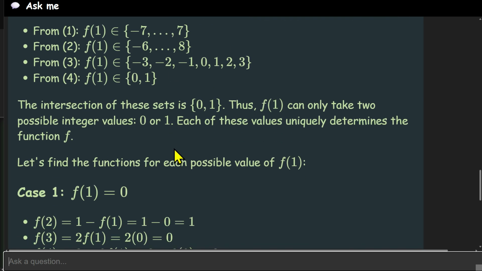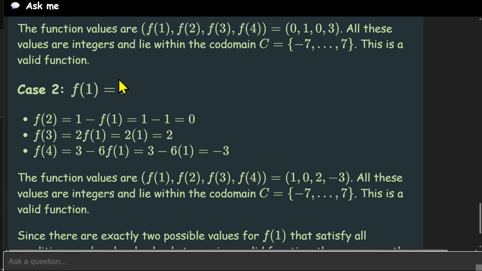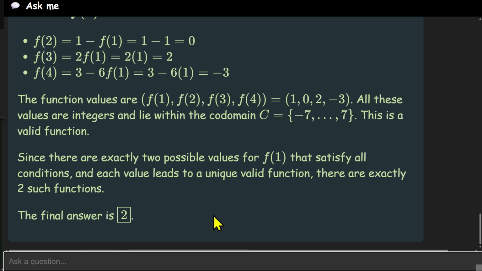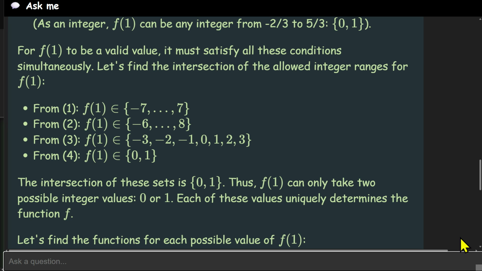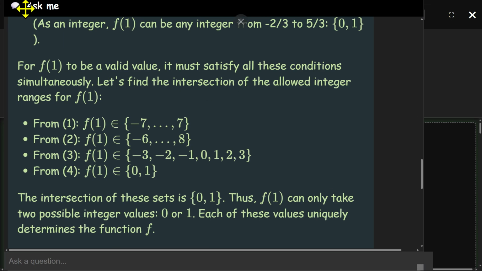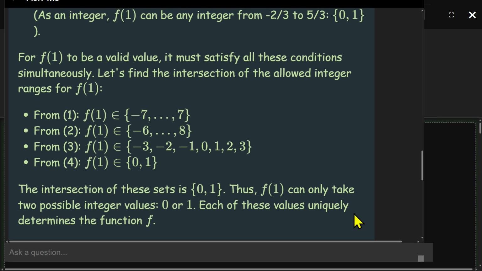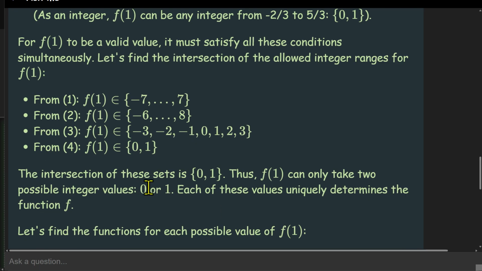Thus f of 1 can only take two possible integers, 0 or 1, and each of these values uniquely determines the function f. We had to find the number of functions, so the final answer is 2.